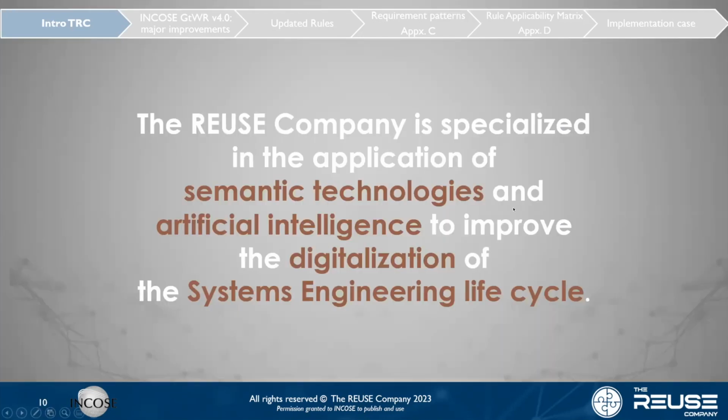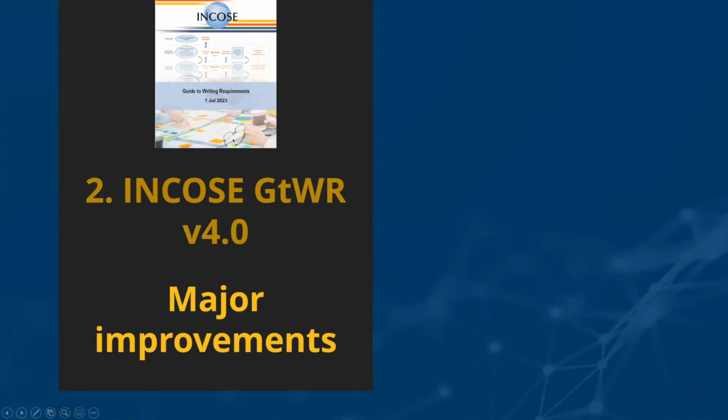If I sum up basically the methodology that we're specialized in, it's the application of semantic technologies and artificial intelligence to digitalize systems engineering activities throughout the lifecycle. And one of them is the requirements verification, which is one of the purposes of the Guide to Writing Requirements that we'll be covering here in this talk.